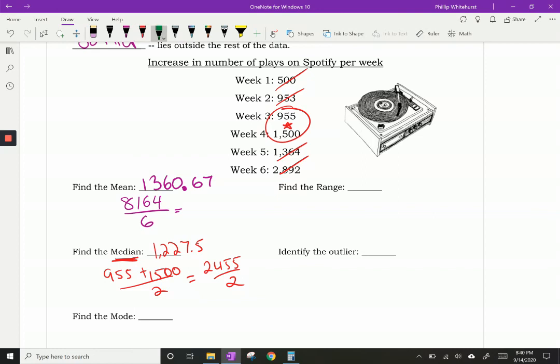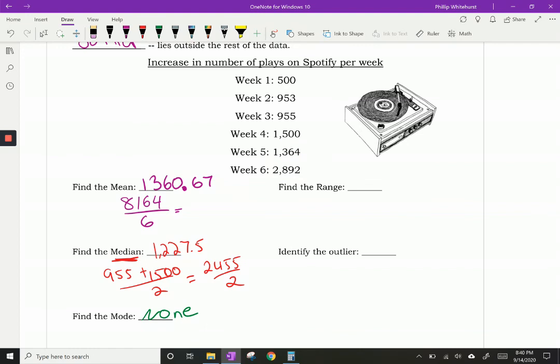The mode. Whatever number repeats the most. Now, there doesn't have to be a mode. In this case, none of these numbers repeat, right? 500, 953, 955, 1500. So because none of these numbers repeat, there is none.